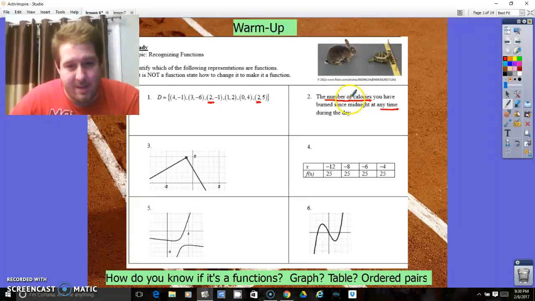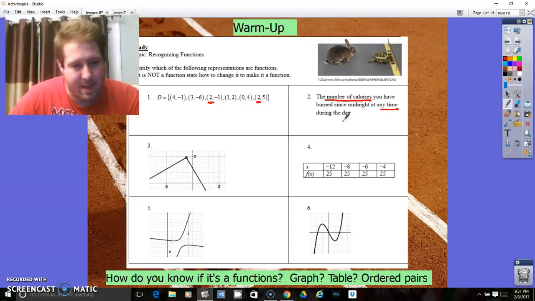I need to ask myself, at any time, is it possible to have burned two different amounts of calories? No, that's not possible. So this is a function. No domain could ever have more than one range. If it's been 5 minutes, you can't have burned 1,000 calories and 2,000 calories at that same time. That does not make sense.